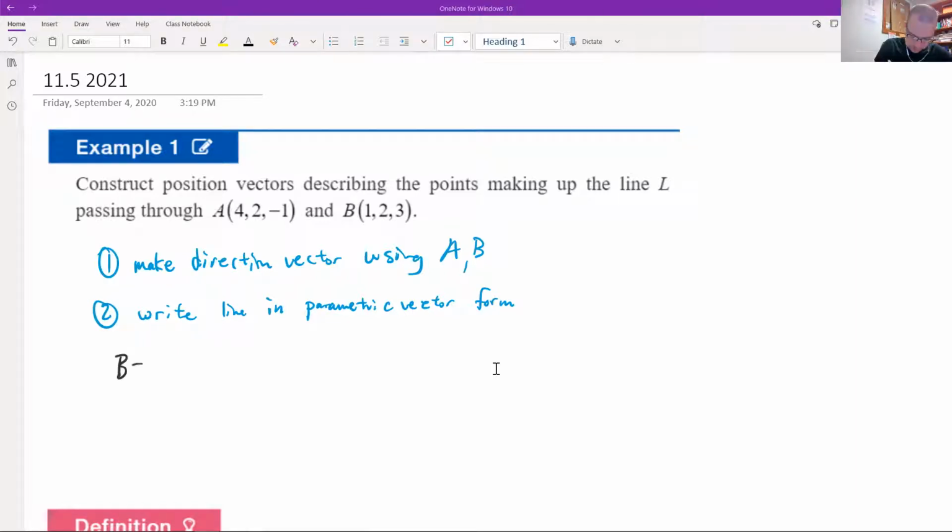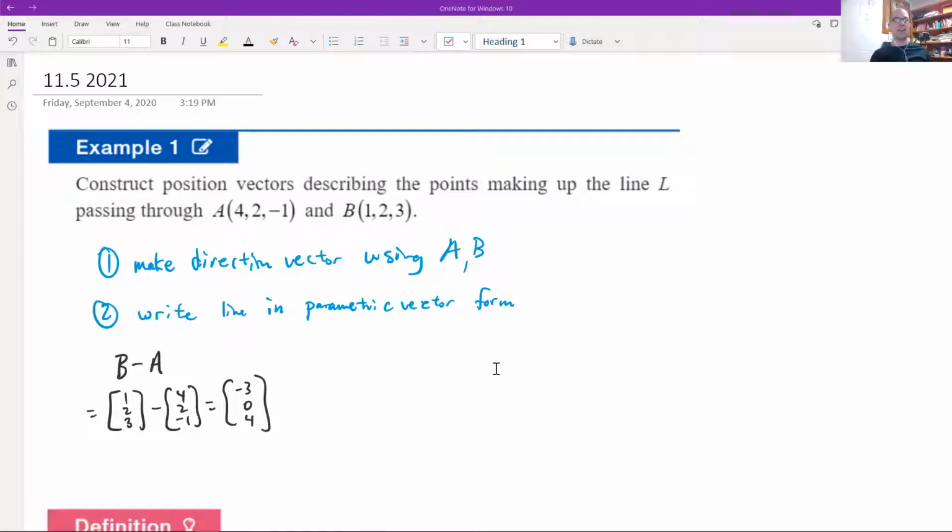So that would look like 4, 2, -1 minus, that's not a B. Okay, sorry. 4, 2, -1, and then 1, 2, 3. And if we subtract those, we'd have -3, 0, and 4.